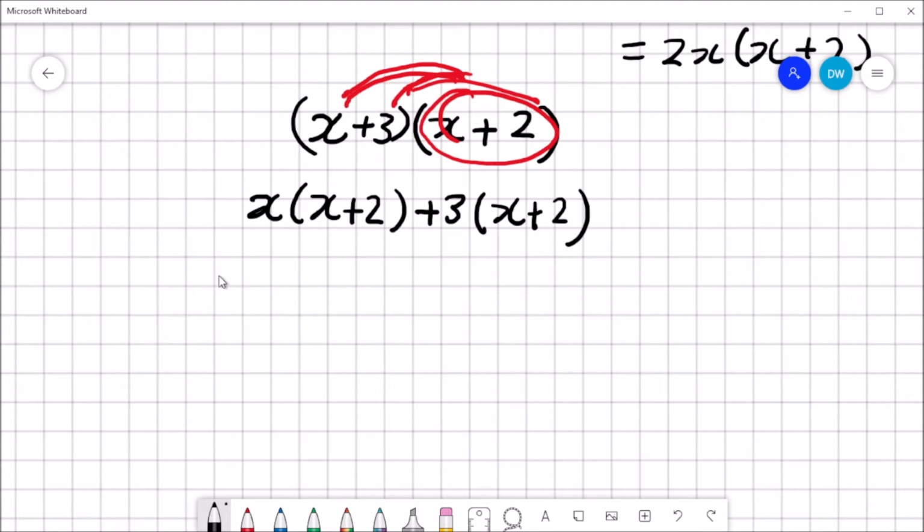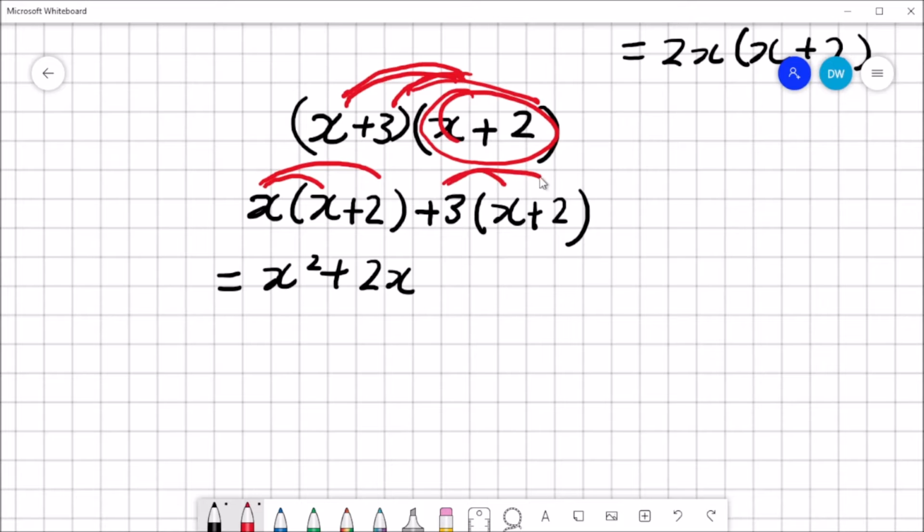Then we end up with x squared plus 2x, because once again, distribution as per normal, we distribute x to the two terms in parentheses, and we distribute 3 to the two terms in the parentheses as well.